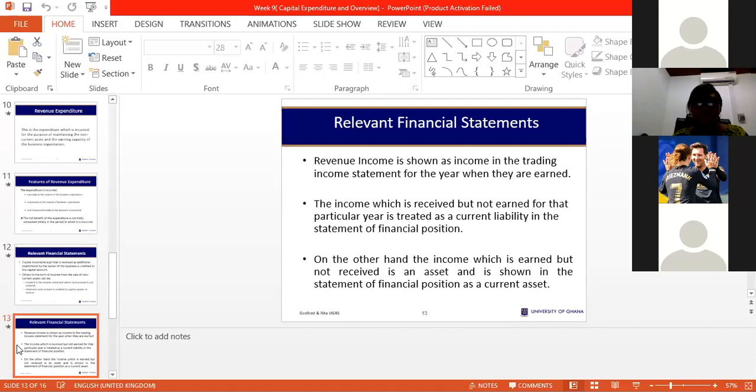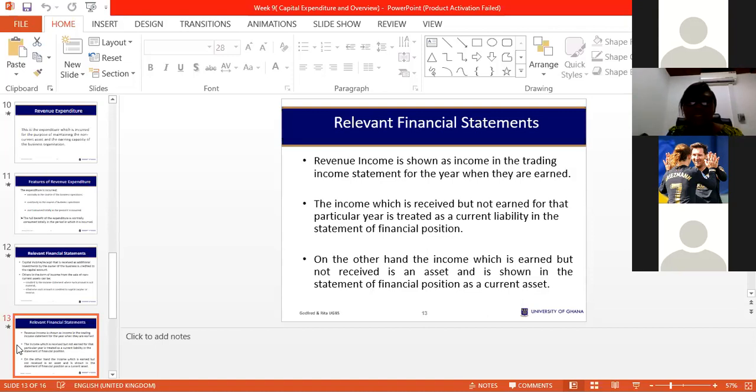So the name given to it when you have earned and you are yet to receive is owings. The customer is owing you, and that is why we treat it as an asset.